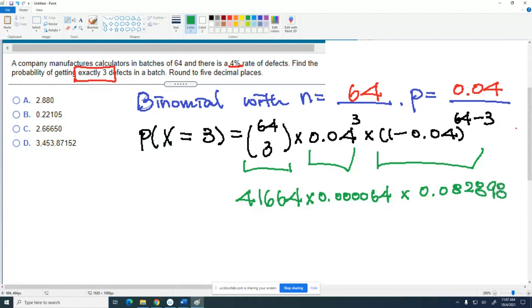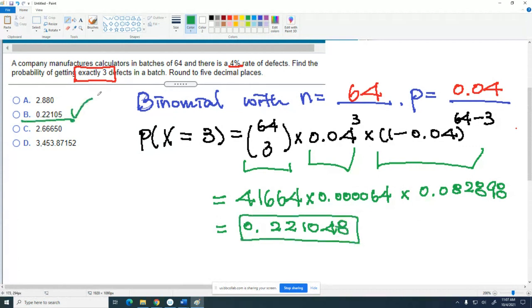So now let me take the multiplication: 41,664 times 0.000064 times 0.082898. The overall multiplication will be 0.221048. Here, the choice B.